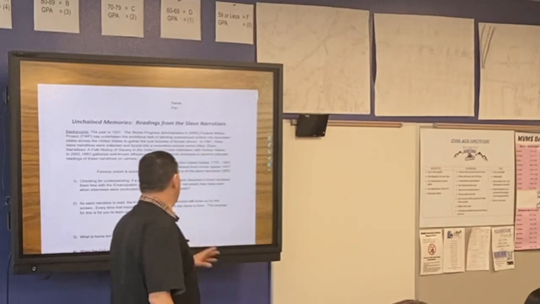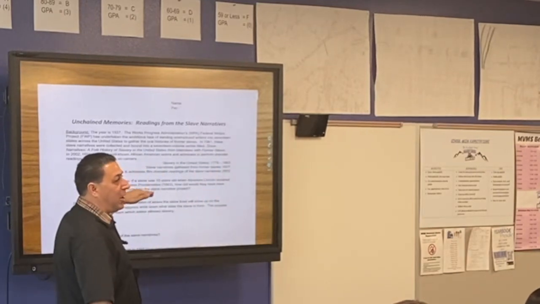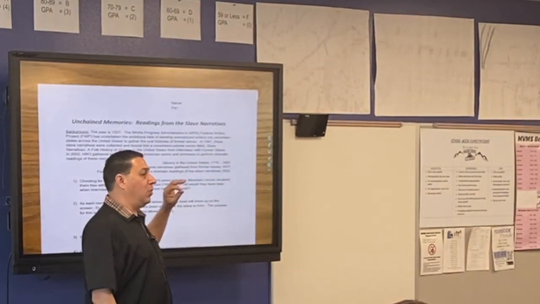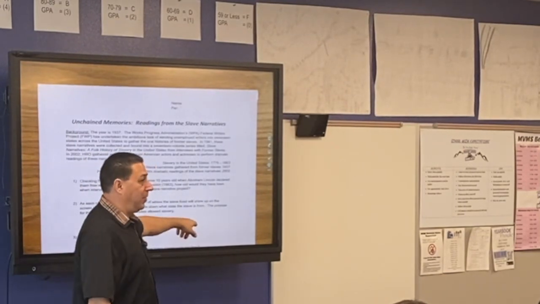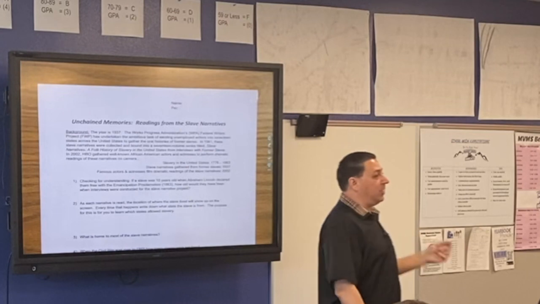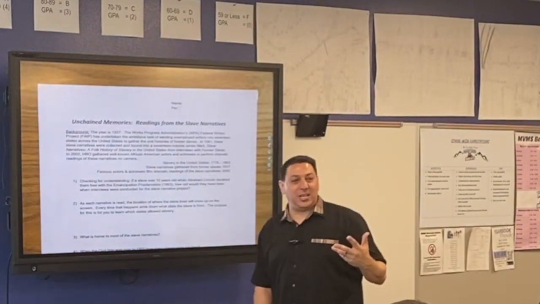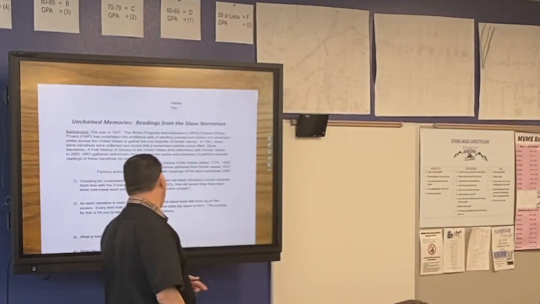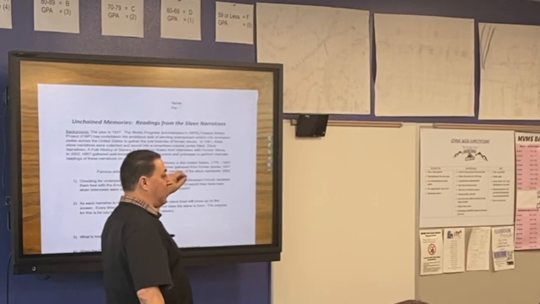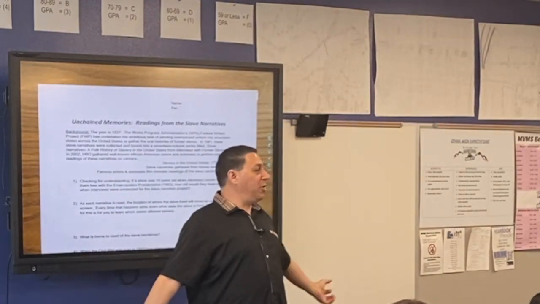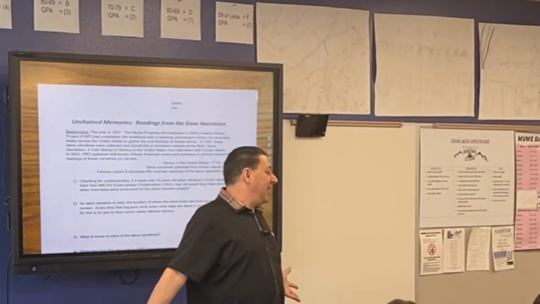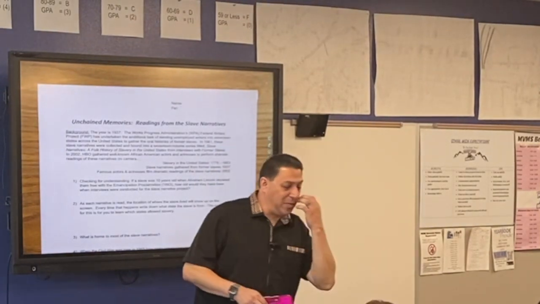Because what's going to happen is it's going to put the name of the slave up there and where they're from. When you see that, write down that state right here. I think you're going to end up with like 13 different states when it's all said and done. So you'll keep going back to number 2 every time an interview pops up with the slaves. Questions before we begin? Let's get to this. Here we go then.